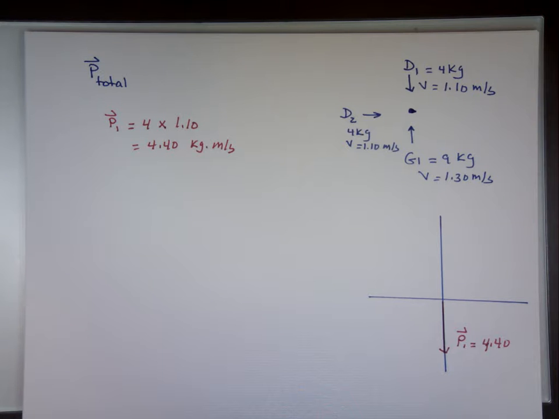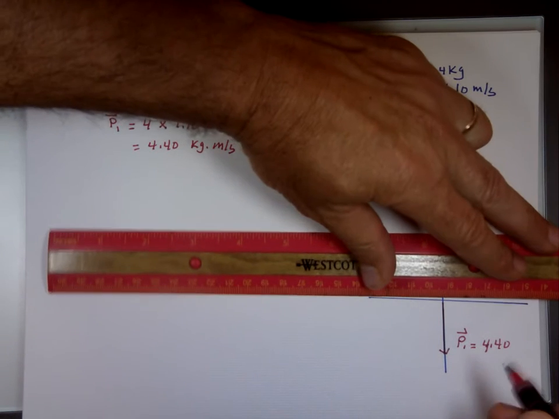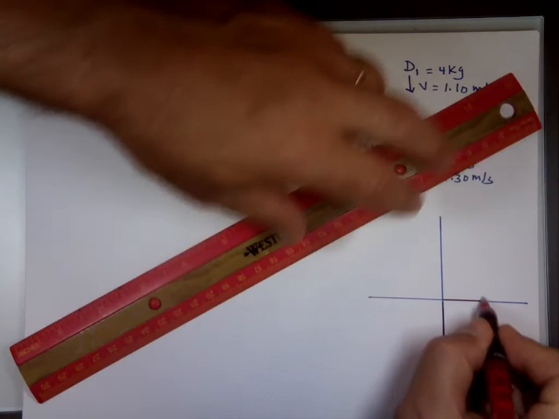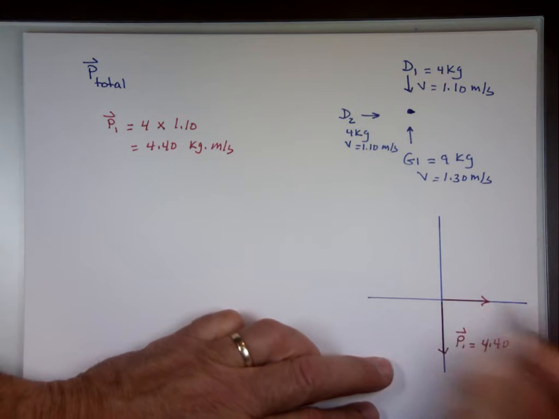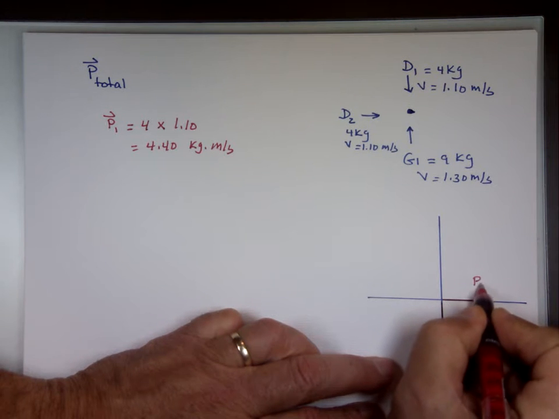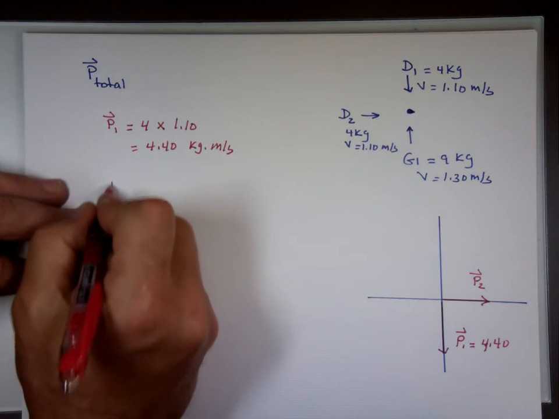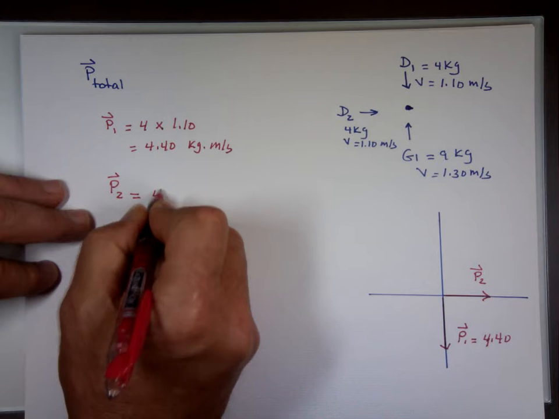Let's look at duck number 2. Duck number 2 is going to have a linear momentum going in that direction. Notice duck 2 is going to the right, which is also 4, the mass, times the velocity.